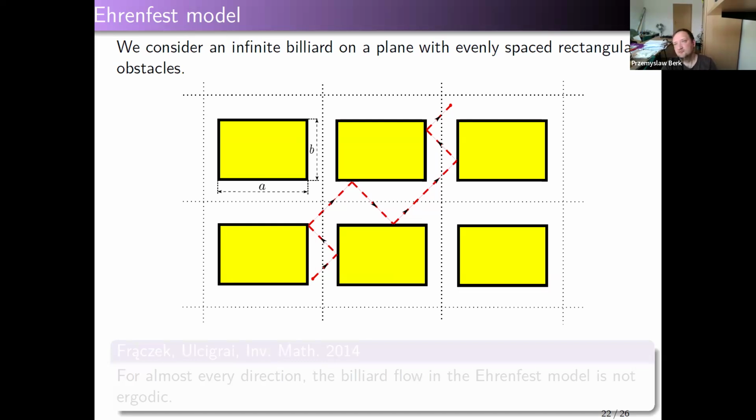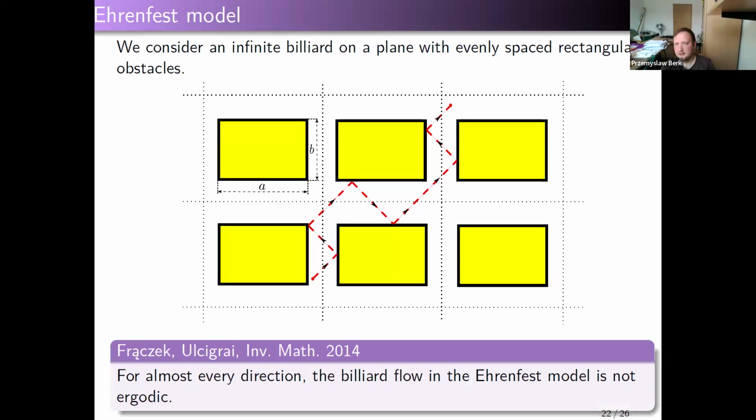And you can ask, what about ergodicity? We already have the result for the finite case. So what is the result here? It turns out it was a very surprising result by Krzysztof Frączek and Corinna Ulcigrai, that for almost every direction, this billiard is not ergodic.